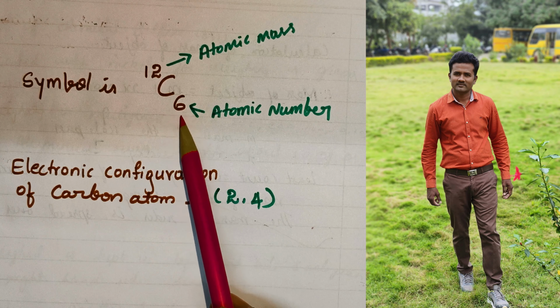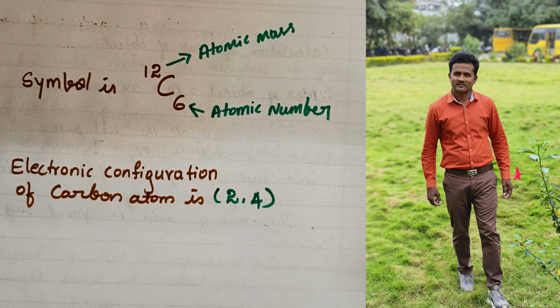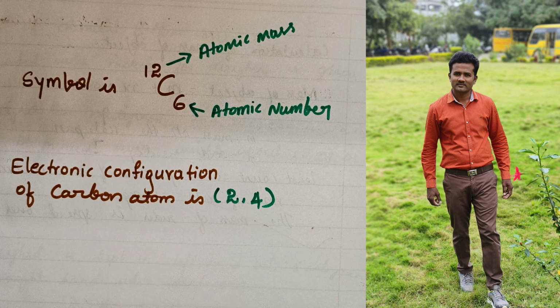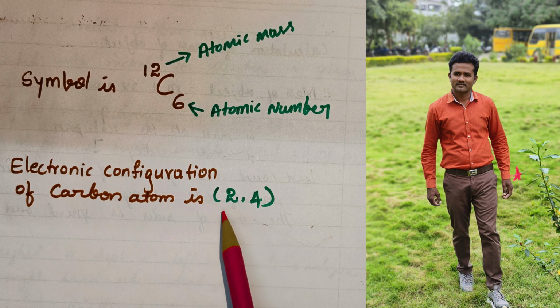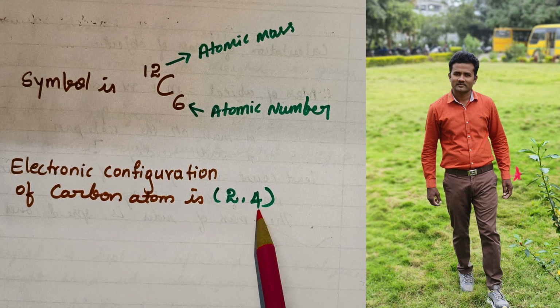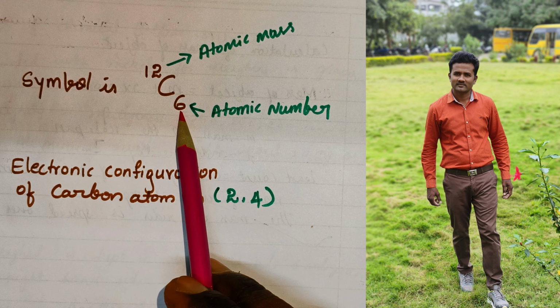Now, how are the electrons distributed in an atom among the different shells? The first shell can contain a maximum of 2 electrons and the second shell 8, but carbon has only 6 electrons.